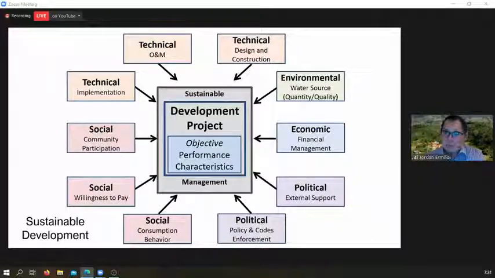So I think the key to sustainable development is ensuring the management capacity around that technology. And this is where the concept of sustainable management comes into play, wherein you're trying to create a structure around the technology, around the initiative that can mitigate what could be external threats to long-term sustainability.